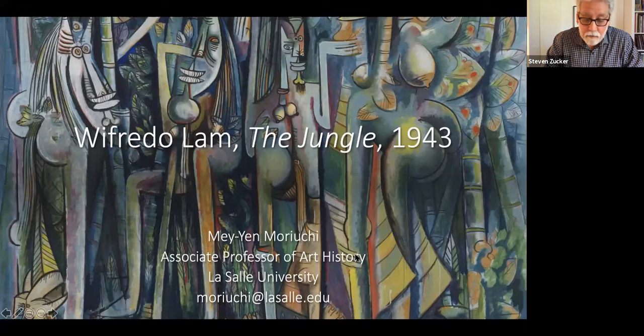Today's conversation is going to be looking at how to discuss and bring in Wifredo Lam's 1941 painting, one of my favorite paintings actually, The Jungle. And to do this, it's my pleasure and my honor to introduce Dr. Mey-Yen Moriuchi, who is Associate Professor of Art History at LaSalle University in Philadelphia, and is the author of the acclaimed book, Mexican Costumbrismo, Race, Society, and Identity in 19th Century Art, among other publications.